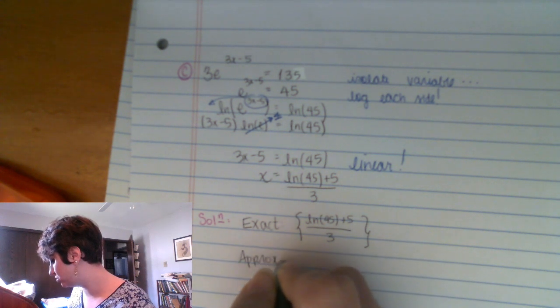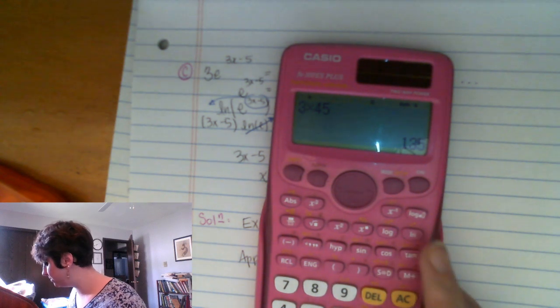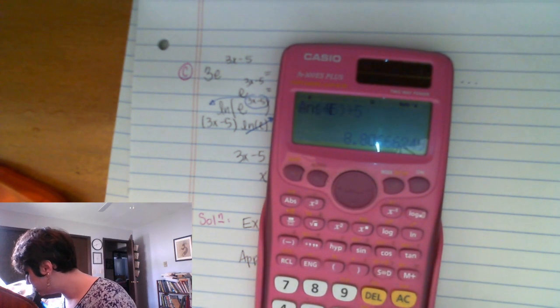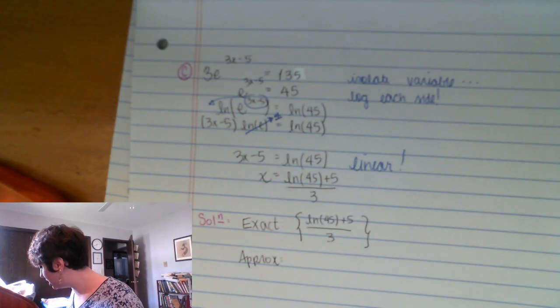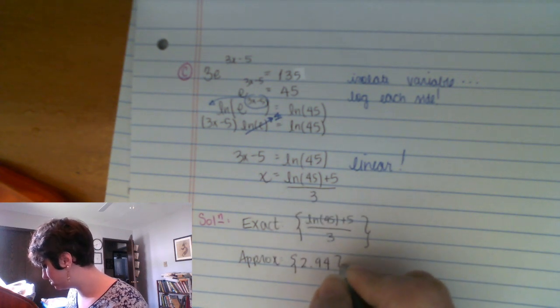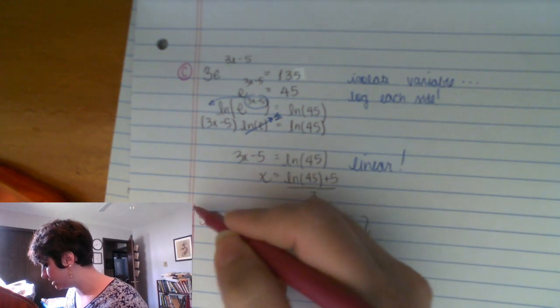Now make sure that you use the natural log key on your calculator, ln. So natural log of 45 plus 5, divided by 3, is 2.94. So that would be my solution.